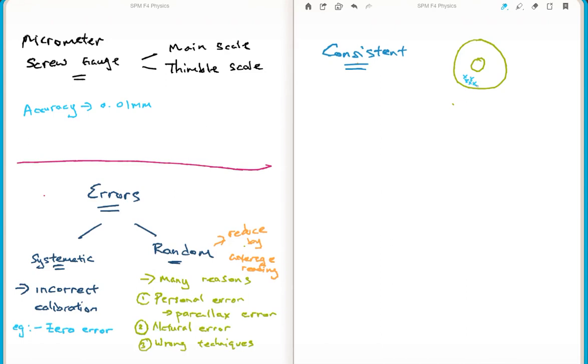Now this is very consistent, but it is not accurate at all, because you are supposed to reach here, but it always reaches here. So it's either caused by wind blow, or by the position of the gun. It's very consistent, but it's not accurate. Right? Then how about accuracy?